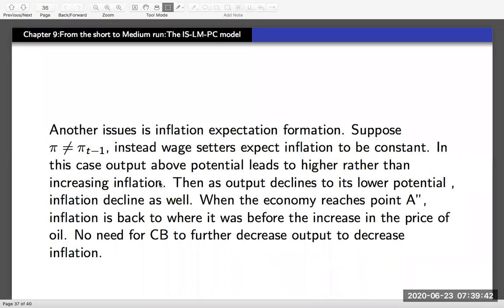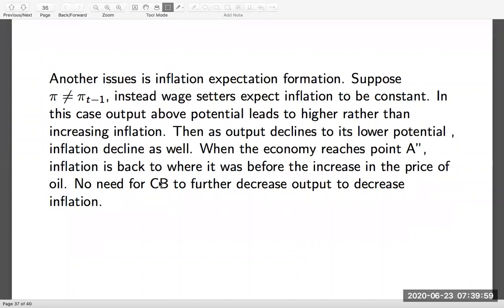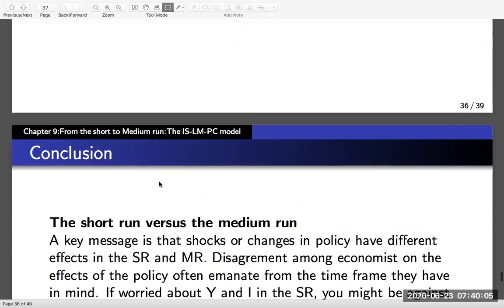When the economy goes back to full potential, now at A double prime, inflation is back to where it was before the increase in the price of oil. There is no need for the central bank to further decrease output to decrease inflation. So when you have this inflation expectation formation, the central bank does not need to intervene.